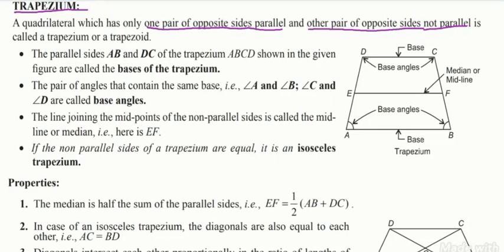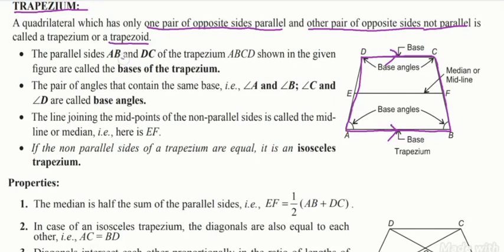Then it is called trapezium. Trapezium's other name is trapezoid. So note it. Look at the figure here. ABCD is a trapezium in which AB is parallel to DC.